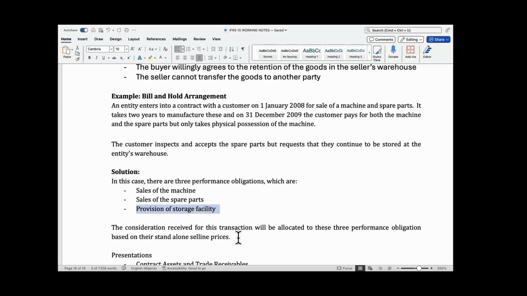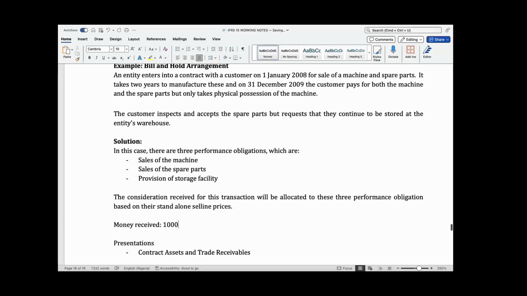So let's say that the money received for the entire goods is 1,000 naira. That's the money you received. But you are providing storage facility free.